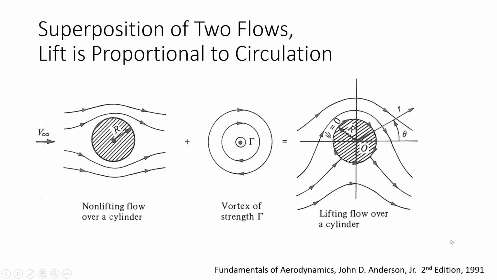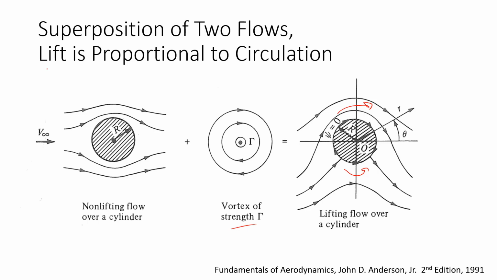But to get back to our theory, we can't use a spinning cylinder here because this is a theory for an inviscid fluid, without viscosity or friction, so a spinning cylinder would do nothing. Instead we have to introduce our mysterious magical vortex of some strength gamma, and obviously the stronger or faster that vortex is, the more difference in speed you have between the top and the bottom, and the greater the difference in speed, the greater the difference in pressure.